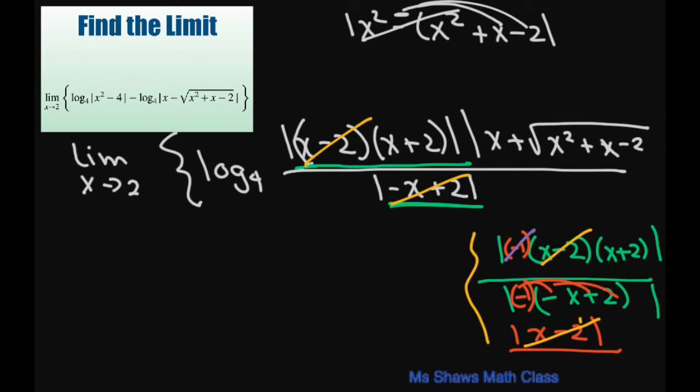So let's rewrite this. We don't have a denominator anymore. We're going to write the limit as x approaches 2 of log base 4, and all I have is my numerator.